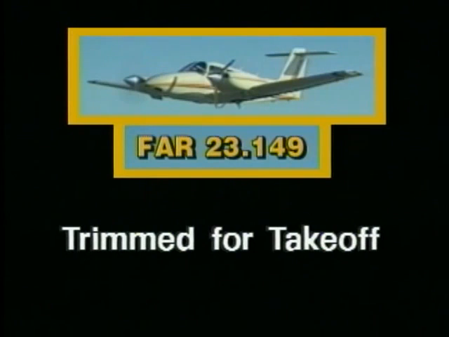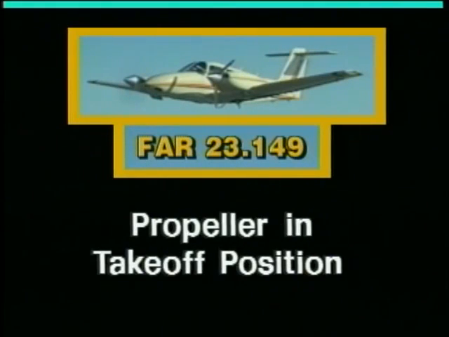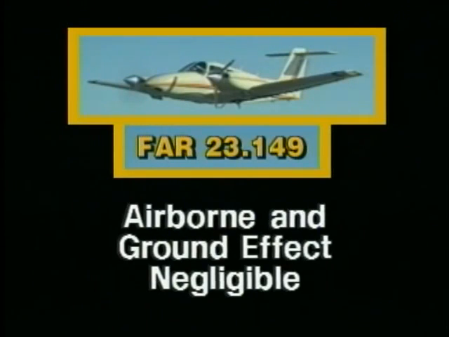The airplane trimmed for takeoff. The maximum sea level takeoff weight or lesser weight necessary to show VMC. The airplane in the most critical takeoff configuration with the propeller controls in the takeoff position and landing gear retracted. And the airplane airborne and ground effect negligible.